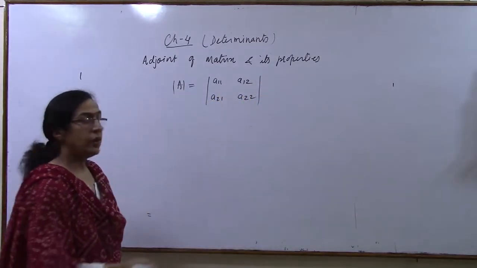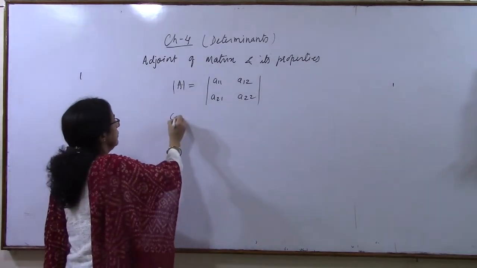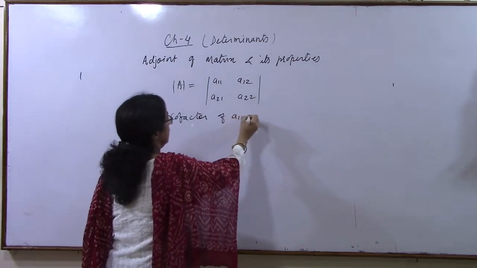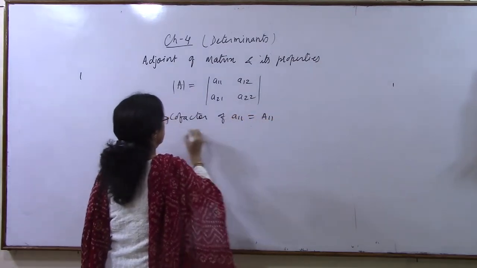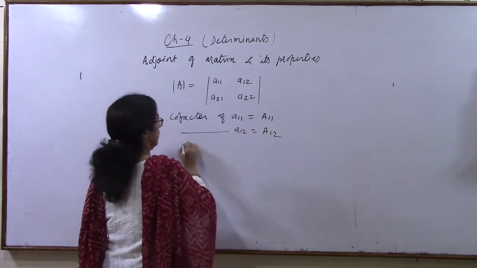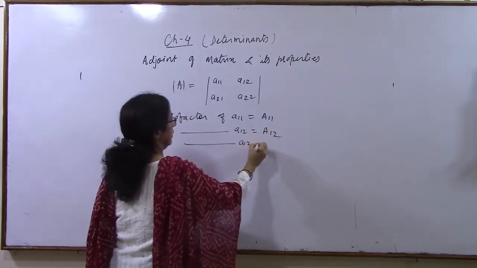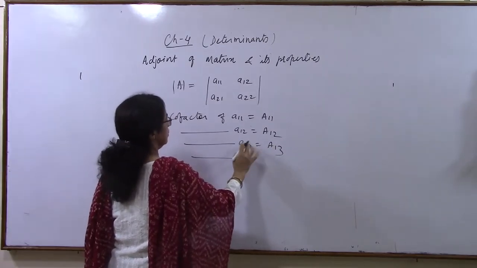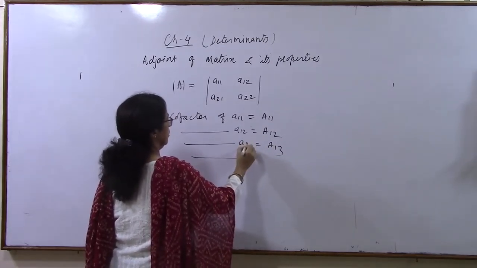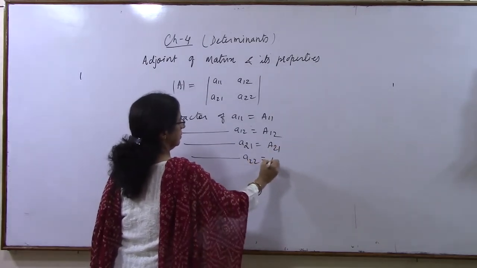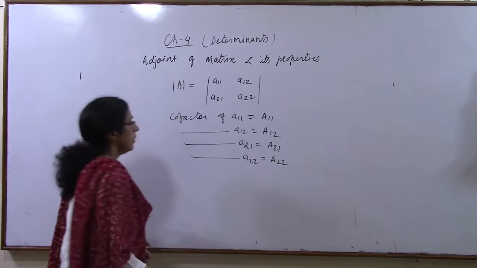Then the cofactor of a11 is capital A11, similarly A12, and the cofactor of a21 is capital A21 and of a22 is capital A22.